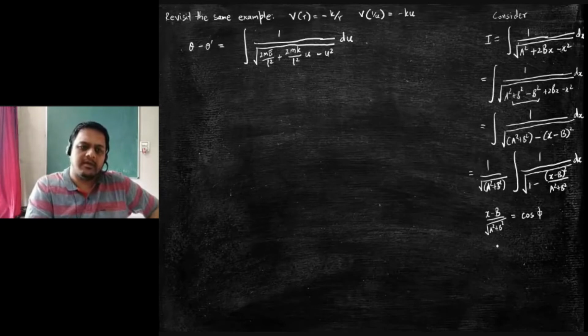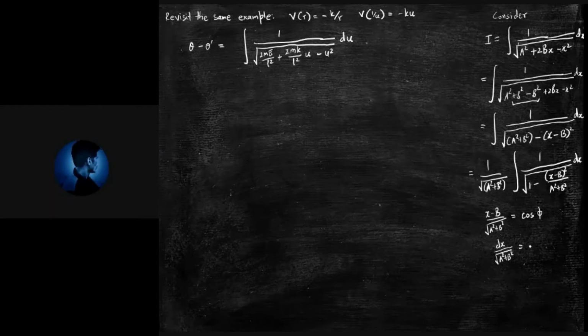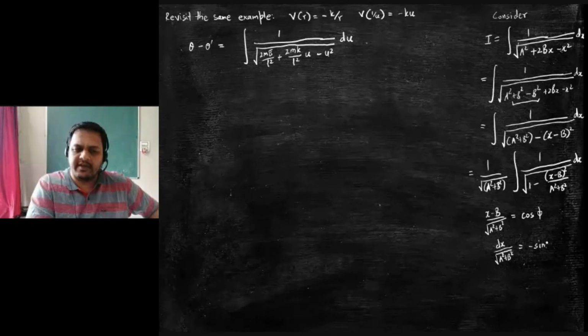Okay. What will be dx upon square root of a square plus b square? क्या आएगा बोलो? Just differential of this guy. Minus sin phi, minus sin phi d phi.